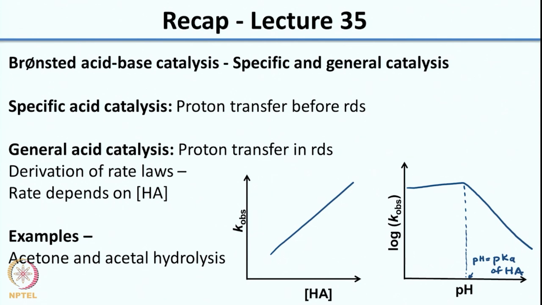The other thing is, if you look at dependence on pH, what you would see is that it would remain constant for a while, and then you would observe a dip in the log k value, and that dip would be seen at the point corresponding to the pKa of the acid, which is HA. When you cross the pKa of the acid, you would have more dissociation of the acid and hence a smaller concentration of HA.